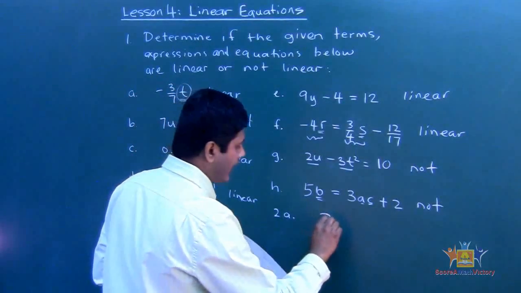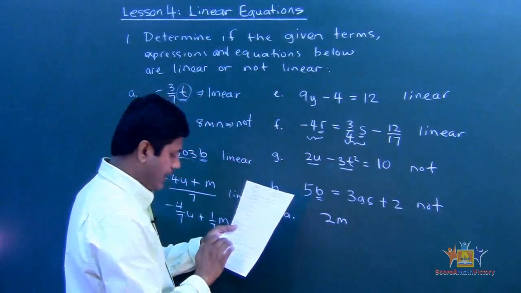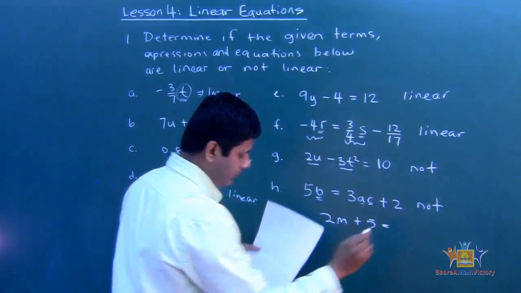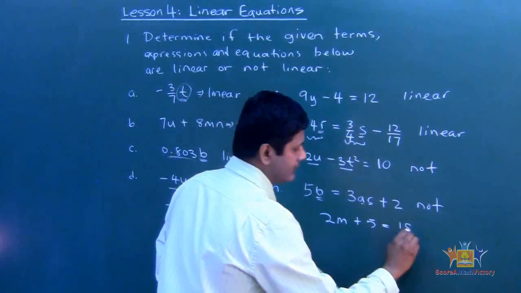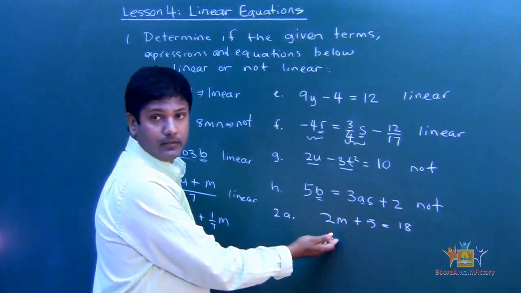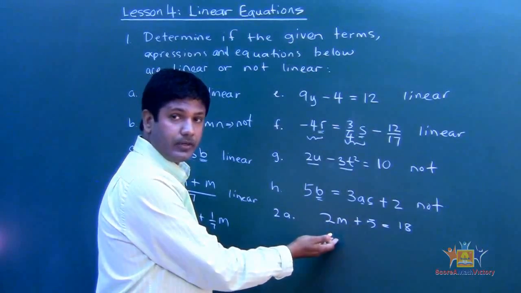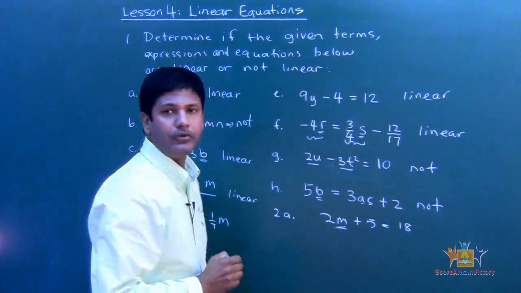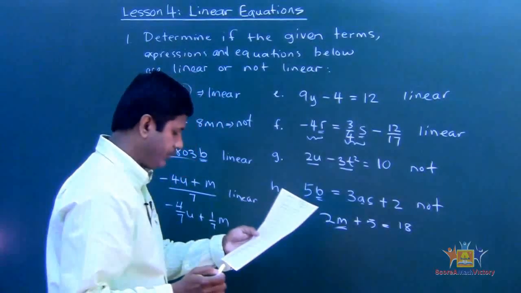We're going to double m and then plus 5 equals 18. Now is this a linear algebraic equation? Yes, this is a linear equation. Why? Because it's got one unknown. Okay, let's do the second one.